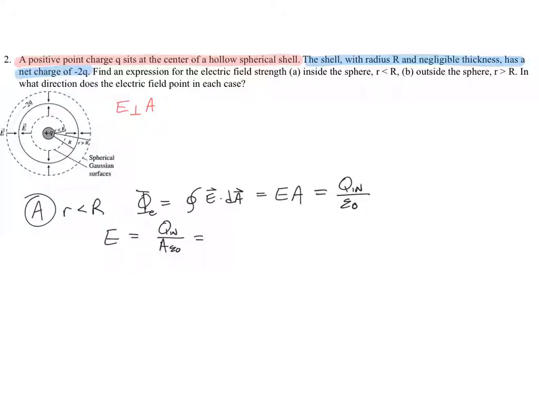I could write this a number of ways, but I know that my area is going to provide me with a 4 pi, and then there's going to be that r squared that comes with the area. And then there's an epsilon naught in that regard there, and then we have this plus q.